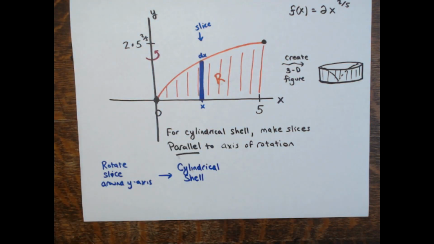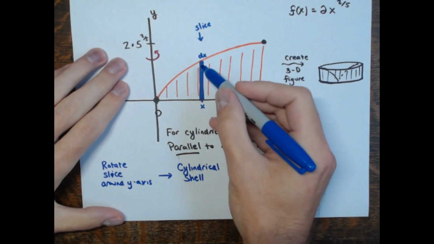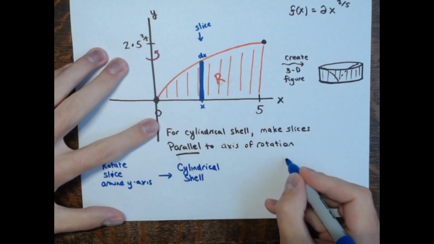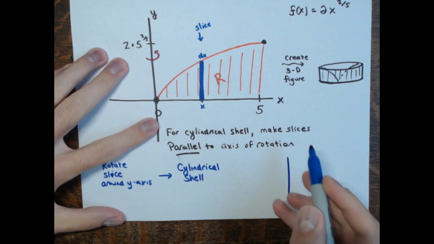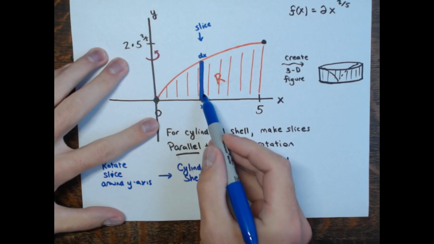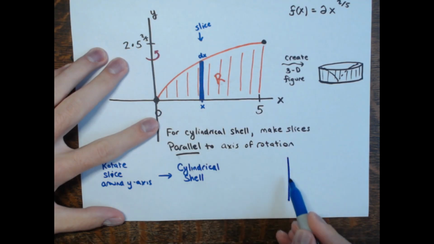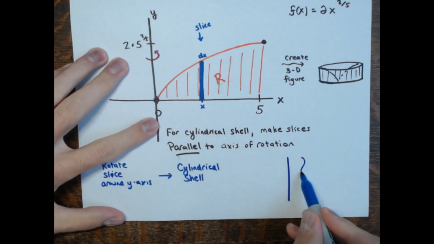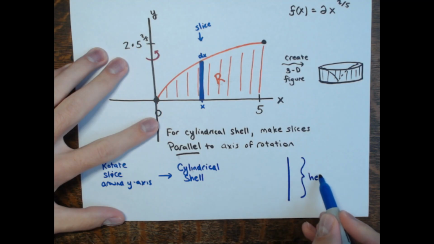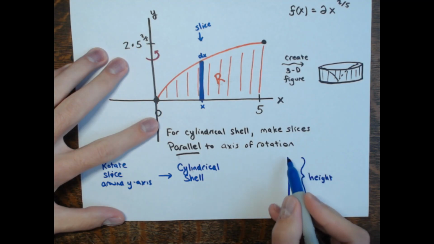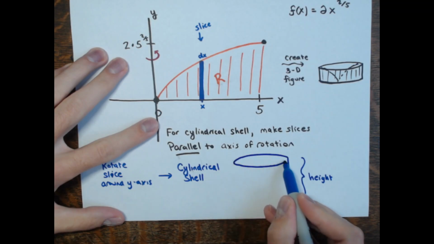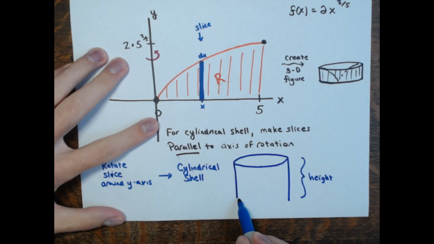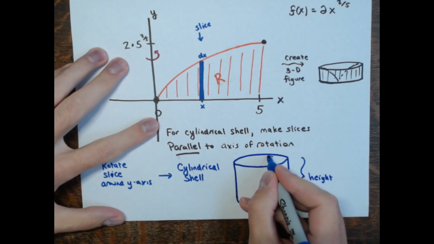Now I'll also draw a picture of this. The height of the shell will be just the height of my rectangle here. So the height of the shell, I'll call this height here. And then again, I'm rolling this around the y-axis, so I create this cylinder shape. And again, it's very, very thin.